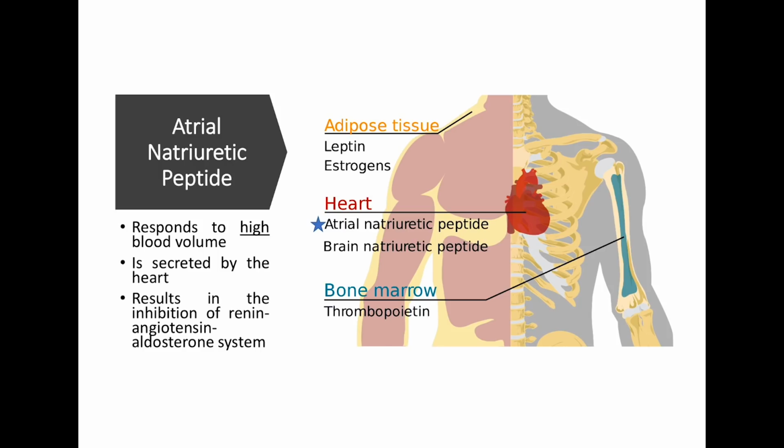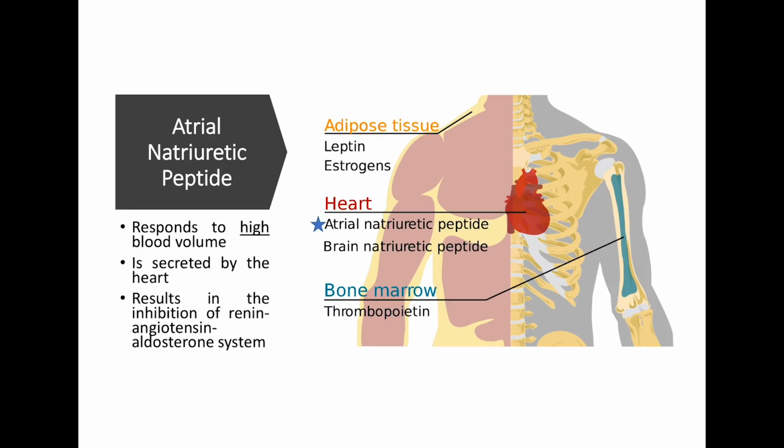And so I'm going to turn to Dr. V for him to explain a little bit how atrial natriuretic peptide responds to high blood volume or high blood pressure. So if you have a rapidly increasing amount of volume in your bloodstream, this will put a lot of strain on your heart, like Dr. V said. Your heart has a way of detecting this increase.